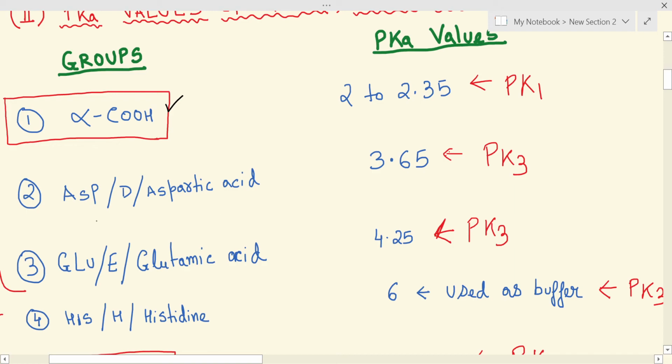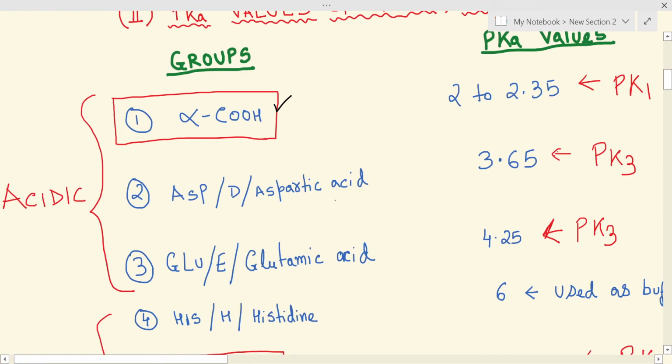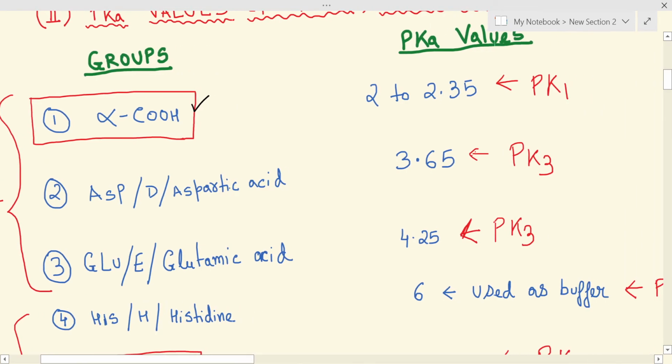Now we have two very important acidic amino acids, which are aspartic acid and glutamic acid. As you can see, I have written the 3-letter code, single letter code, and the full name here. So aspartic acid will have pK3 value as 3.65. Why pK3? Because this is the pKa value for the R group.